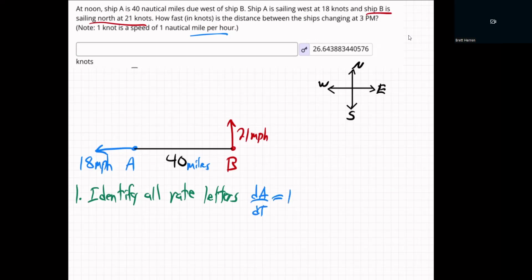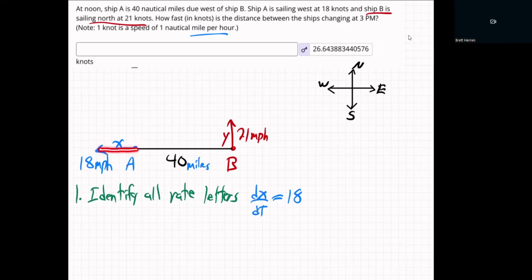That is going to be 18, right? How fast ship A is moving this way. Oh, actually, we need to call that something, don't we? Why don't we call this X and call this Y? And so we'll say that that's dx/dt, meaning X is the distance from where ship A started to where it currently is.